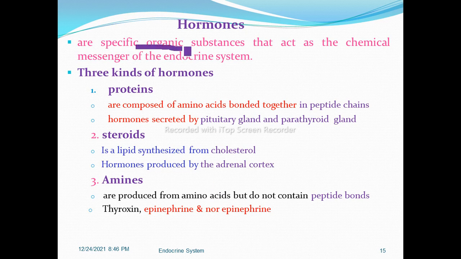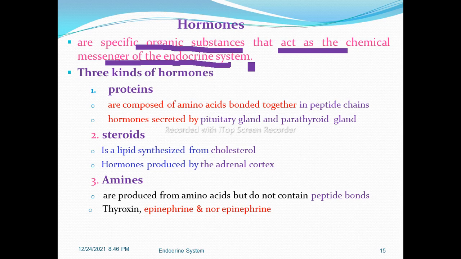Hormones are specific organ substances that act as the chemical messengers of the endocrine system. For instance, a hormone is specifically produced by one organ, and that acts as a chemical messenger for the endocrine system.